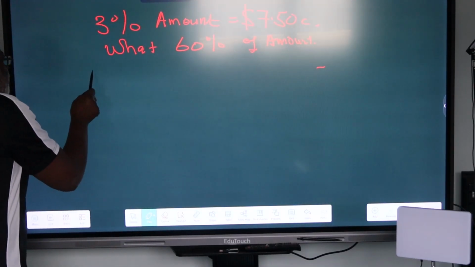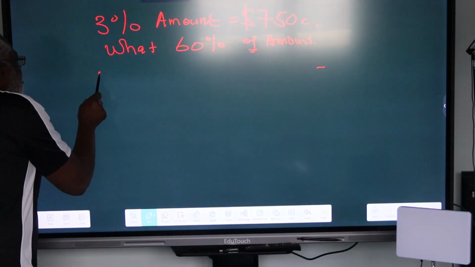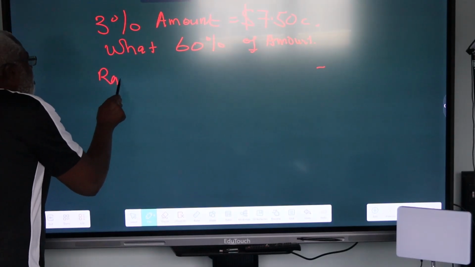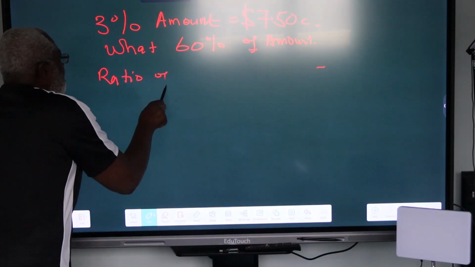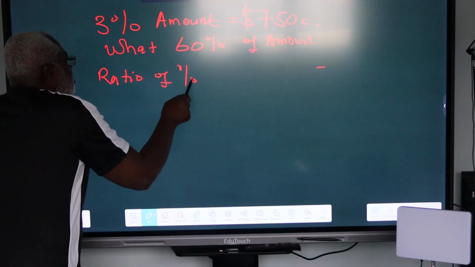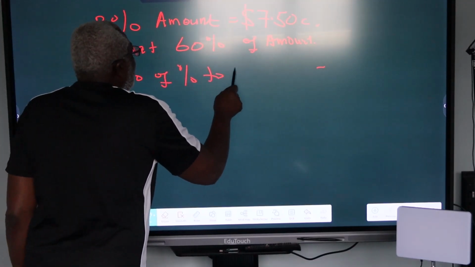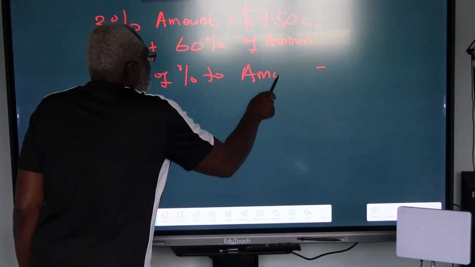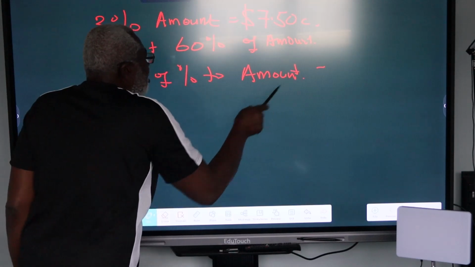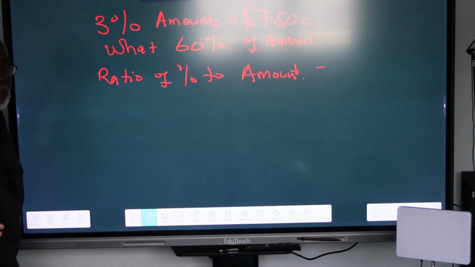So the ratio of percent to amount. You can have a ratio of anything, of two different properties. Ratio is a rate.